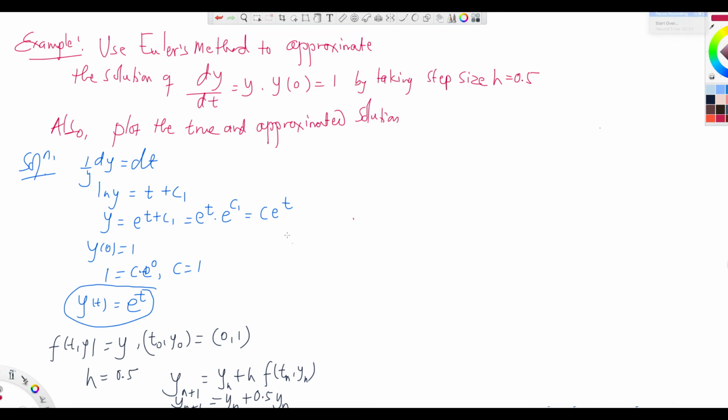Remember, how do I find tn? We wrote that tn equals t0 plus n times h, right? So what is h in our case? Here tn equals t0, which is 0, plus n times h, which is 0.5. So basically tn has the formula n times 0.5.